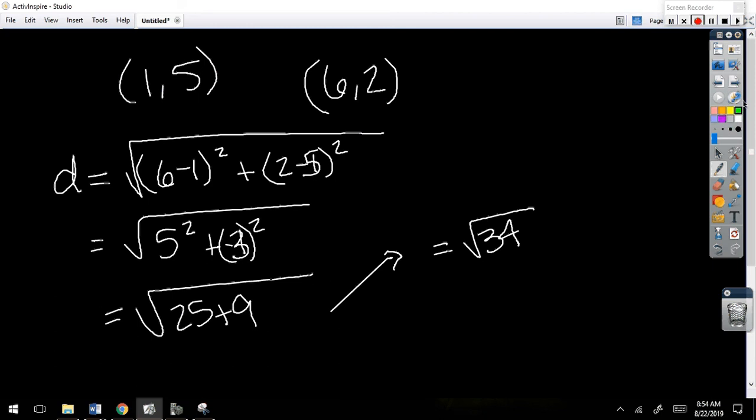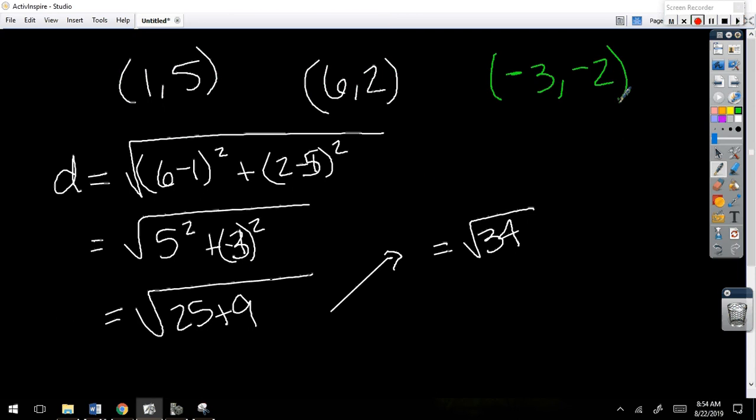Let me ask you this. Let me build on this just a little bit. Let's say I told you that these were 2 points, 2 vertices of a triangle. And the third vertex of the triangle was -3, -2. Could you find the perimeter of the triangle?